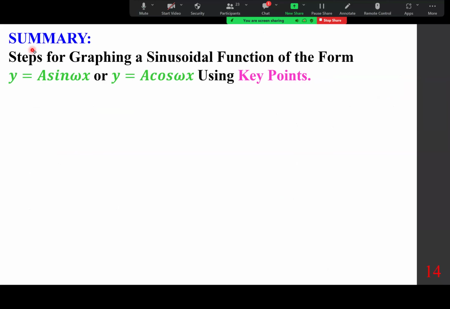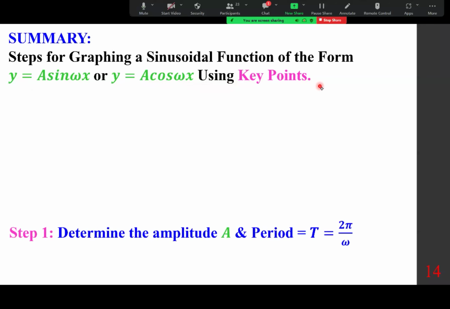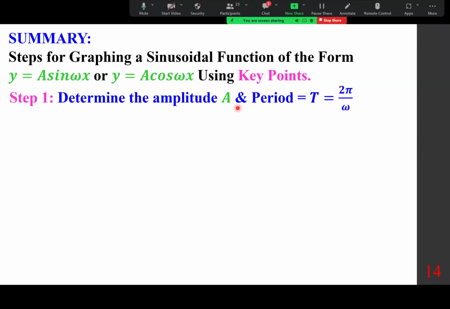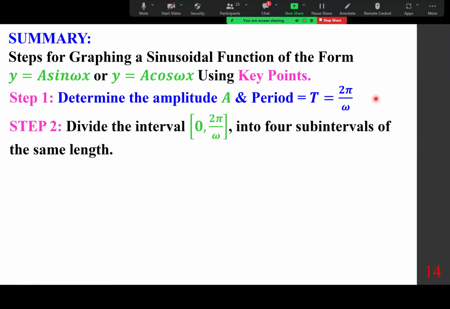All right, here's the summary of using the key points. Steps for graphing a sinusoidal function of the form y equals a sine omega x or y equals a cosine omega x using key points. Number 1, determine the amplitude a and period t equals 2 pi over omega. Number 2, divide the interval of 0 to 2 pi over omega, the entire interval, into 4 subintervals of the same length.